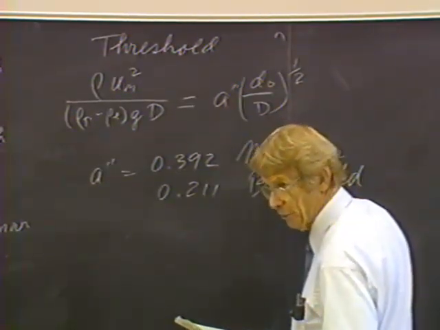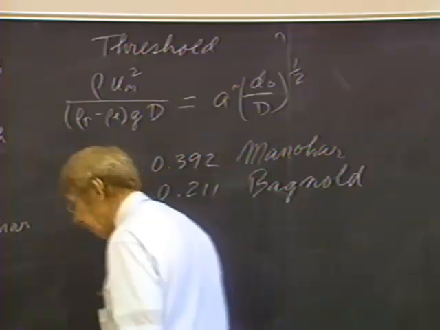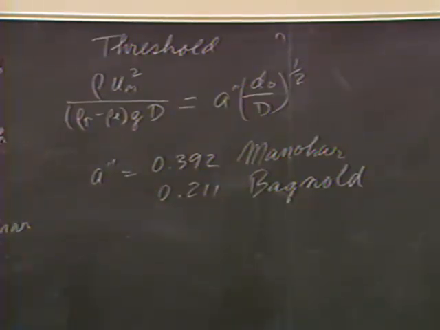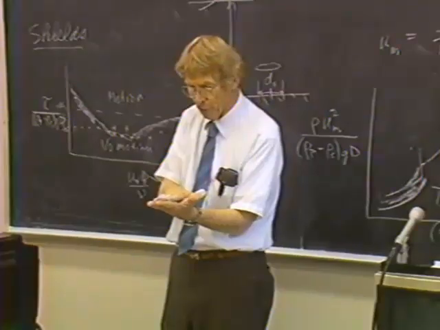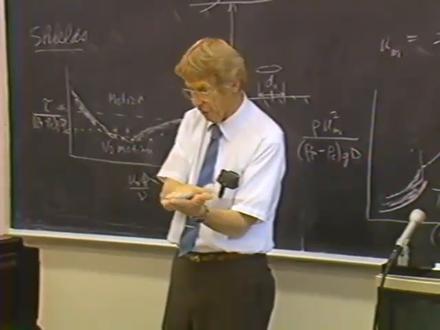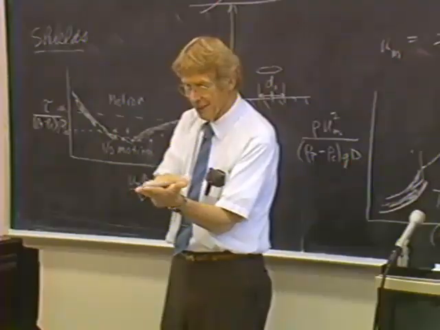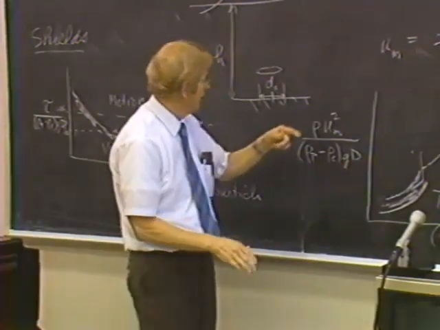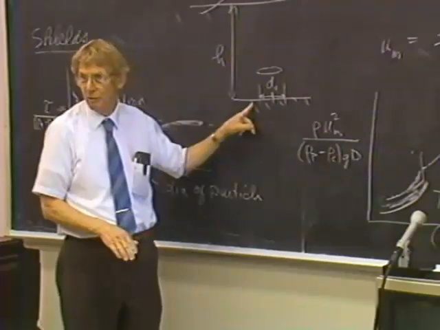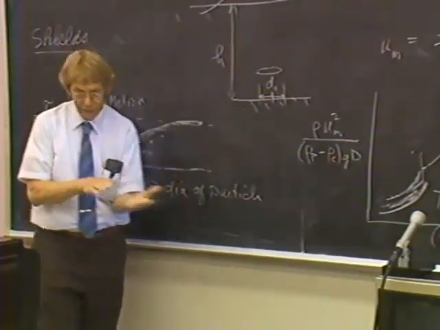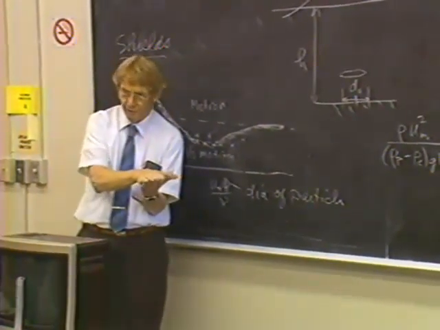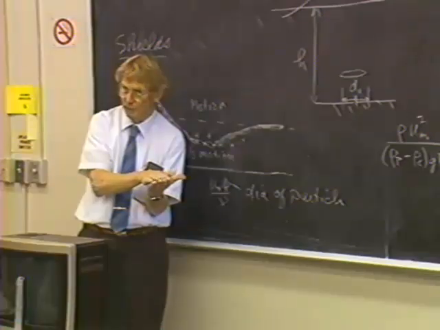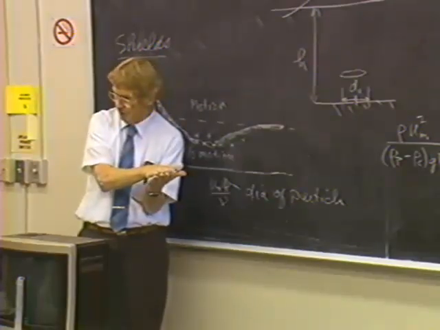Bagnold, on the other hand, had an arc, a circular arc, about a foot wide, suspended from a pivot up here and driven by a crank, so that as it went around it moved back and forth, and this was all immersed in water.